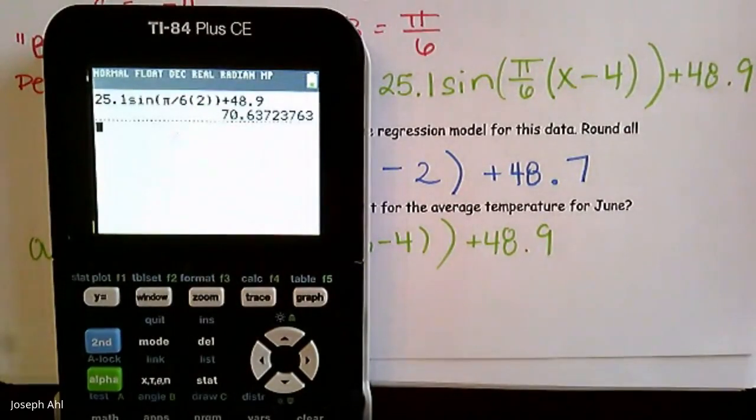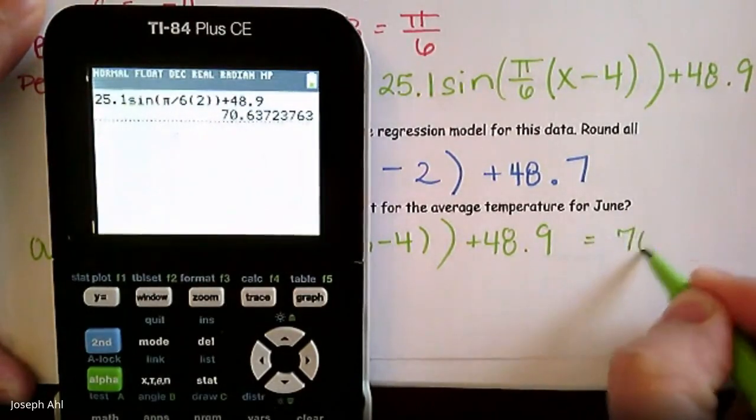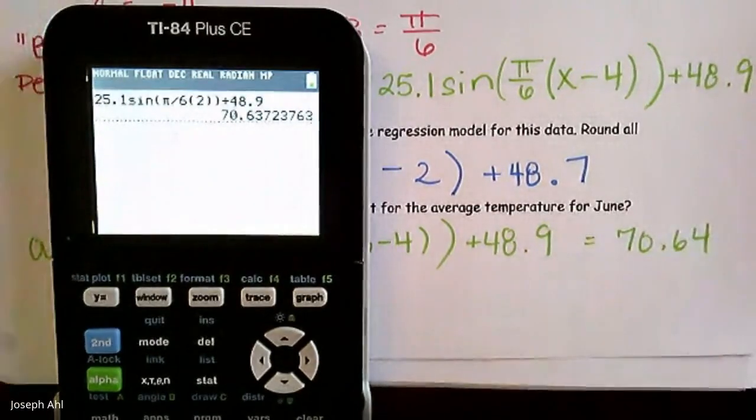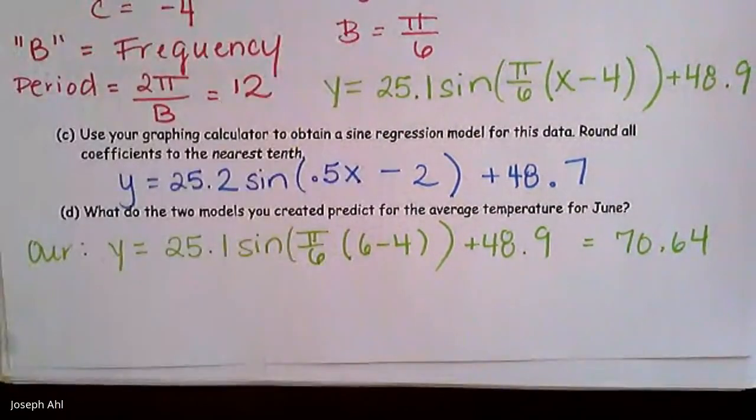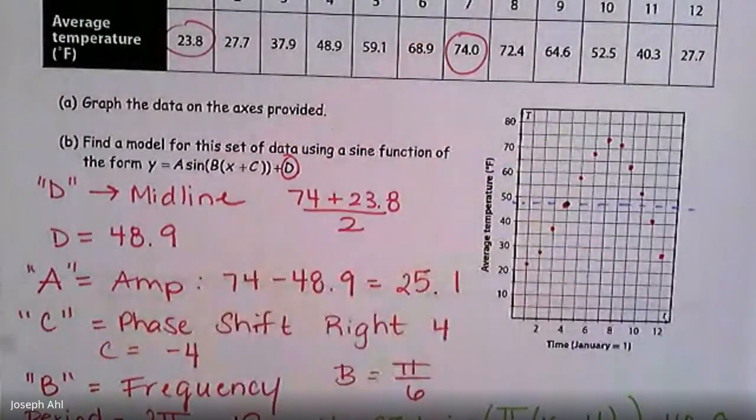I got 70.64 for the temperature here. So using our model, the average temperature in June is 70.64, while the actual average temperature in our data was 68.9, so that's pretty close.